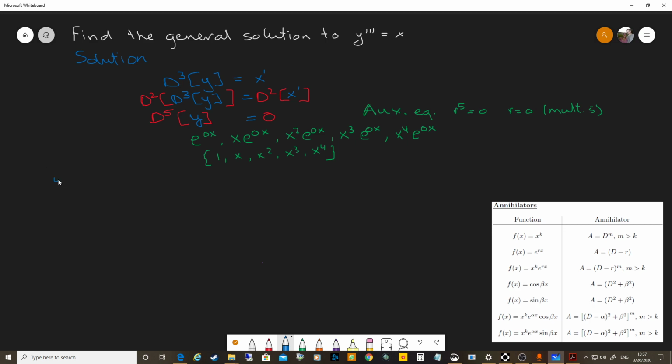So it's y equals c0 times 1 plus c1 times x plus c2 times x squared plus c3 x cubed plus c4 x to the power 4.